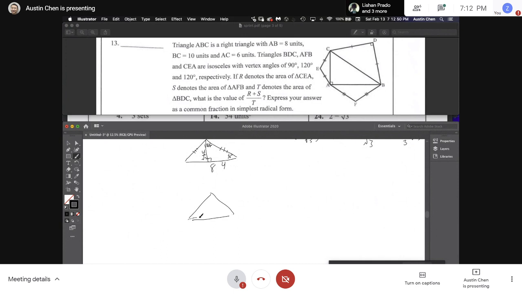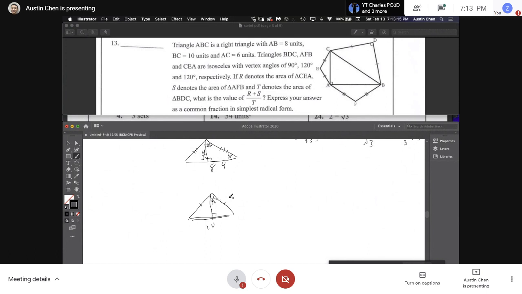DCB. A little bit different from the other triangle since this is a 90-degree angle. And we know that this side is 10. Okay, but this is still fine. We can use the same tactic of dropping this altitude. So we drop this altitude, it's 90 degrees here, and because this is an isosceles triangle, it's also going to be the angle bisector.